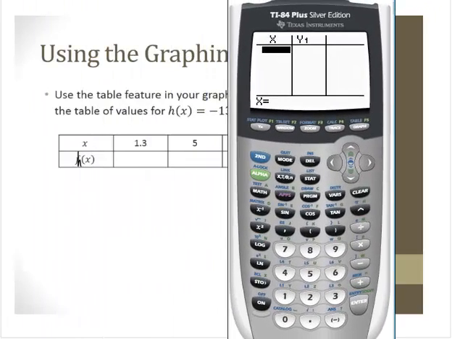So my first input is 1.3. I type in 1.3 and I hit enter, and I get a value. Now this is an approximation. If you move your cursor in the table to that spot, notice that that decimal value goes on further. So I'm going to take it out to 3 decimal places, negative 17.764.